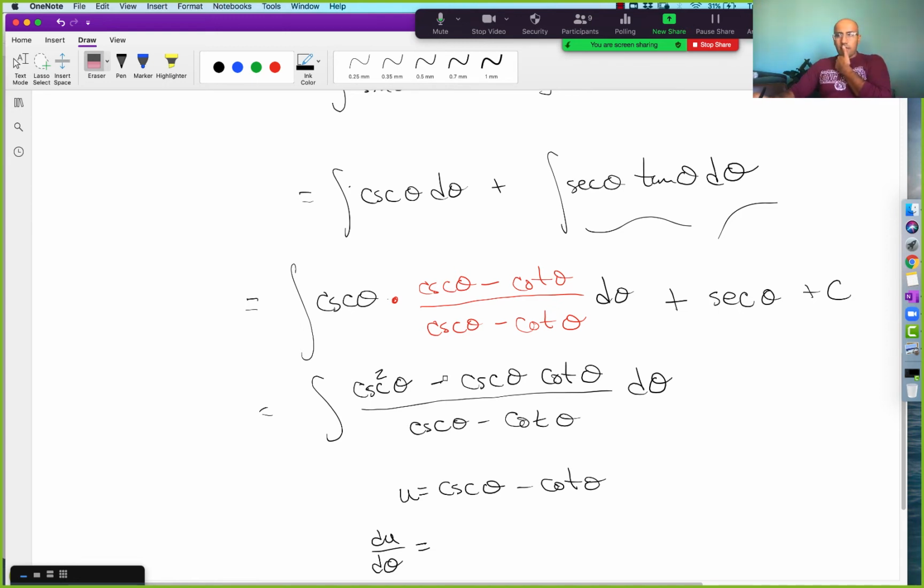I'm off by a negative because I need the derivative of cosecant. The derivative of cosecant is negative cosecant theta cotangent theta. And the derivative of cotangent theta is this one.